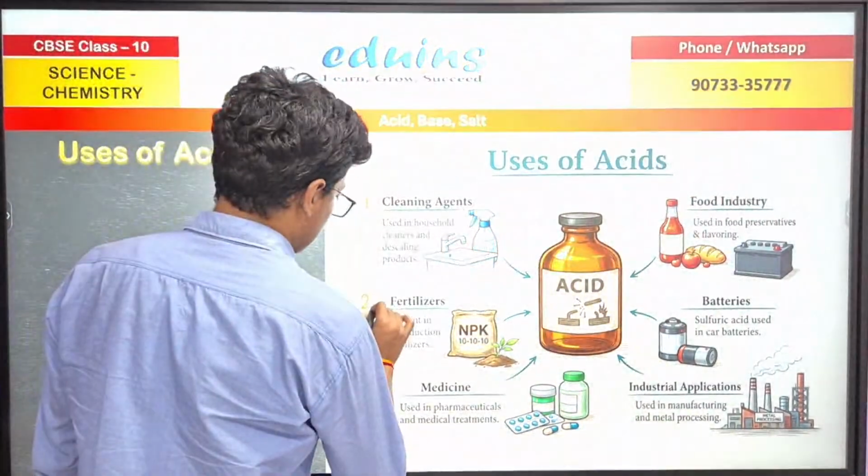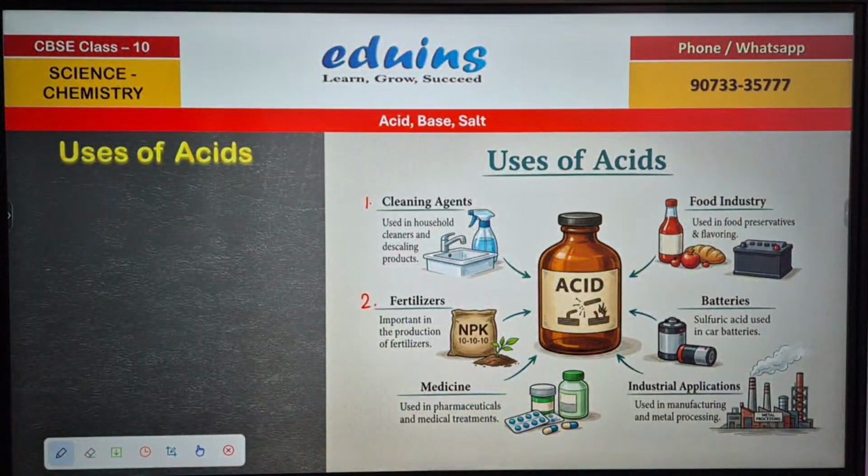Secondly, the acids are used as a fertilizer. How?